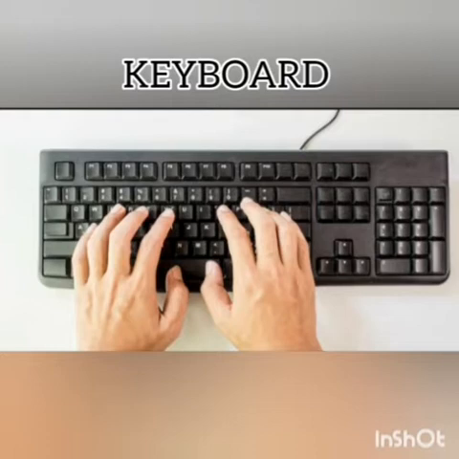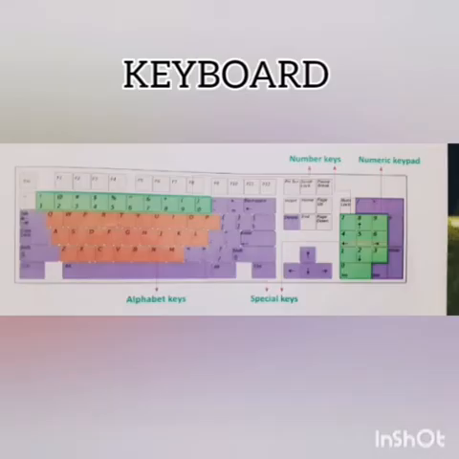Monitor is the screen of the computer. Now children, look at this image. This image shows that a keyboard contains many different kinds of keys, like alphabet keys, number keys, special keys, numeric keys, etc. Now children, we will study all these keys in detail in our next chapter.